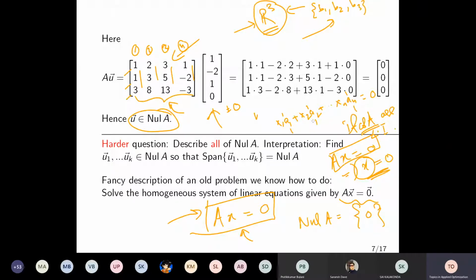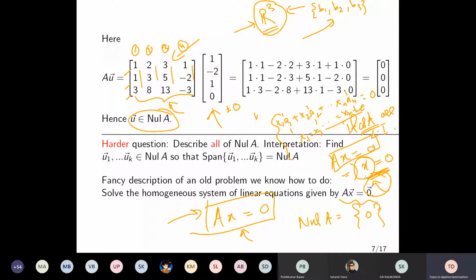If a1, a2, up to an are linearly independent, then the only solution is x1 equals x2 equals xn equals 0, which means x is equal to 0. We have done this before, so that's why these things are related to each other.